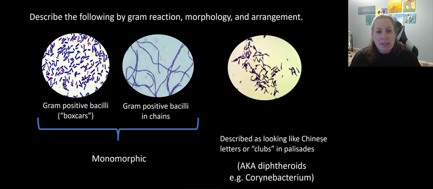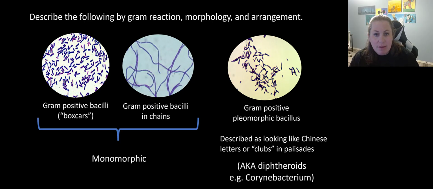But if you look at this last picture, a lot of these actually kind of look like a club. They have one end that's a lot wider than the other. These guys are described as looking like Chinese letters or clubs, okay? And they are gram-positive, but because they all don't have the exact same structure, they're known as pleomorphic bacillus.